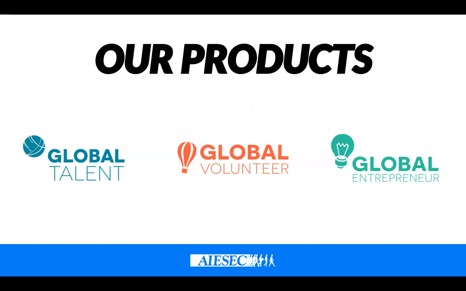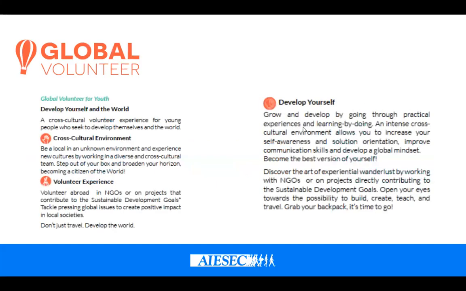There's also Global Entrepreneur, which involves sending students overseas to work in a startup for up to 6 weeks, an unpaid internship in a startup overseas. And there's also Global Talent, which is a paid internship in a company overseas that can last up to 1 year.